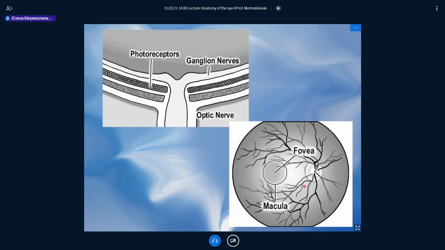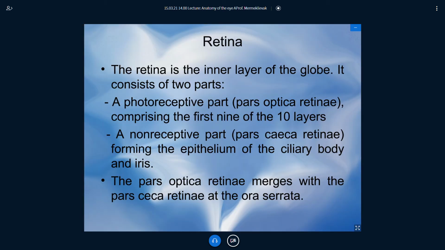What do we have? We have the optic disc. This is the fundus, with the optic disc and the vessels, which are branches of the arteria centralis retinae, and the macula. The retina is the inner layer of the globe.